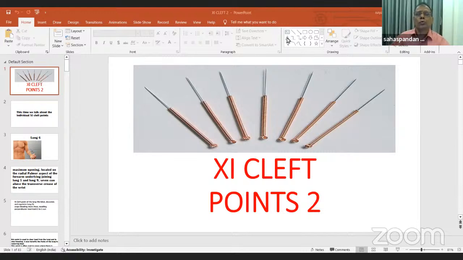So let us talk about the individual Xi-cleft point. हम हर एक Xi-cleft point पर बात करेंगे.